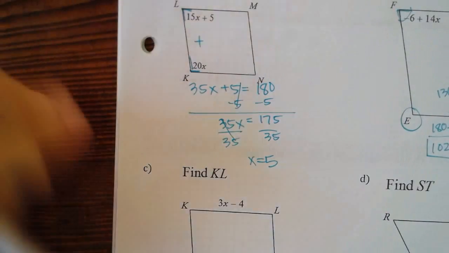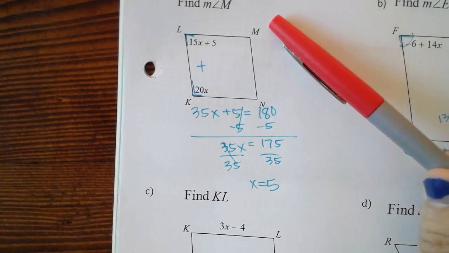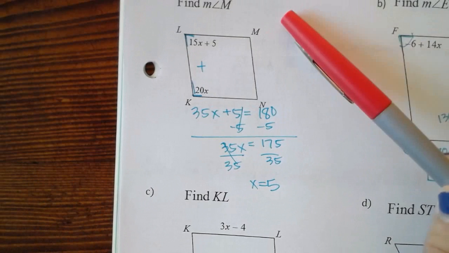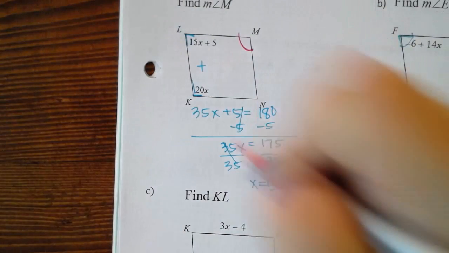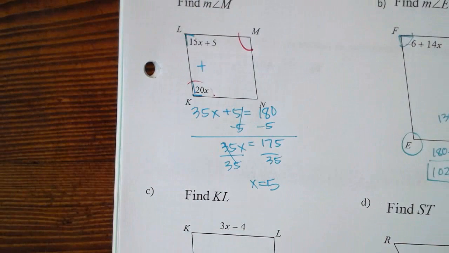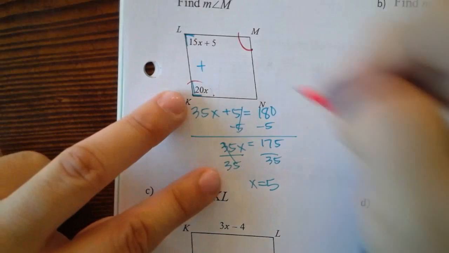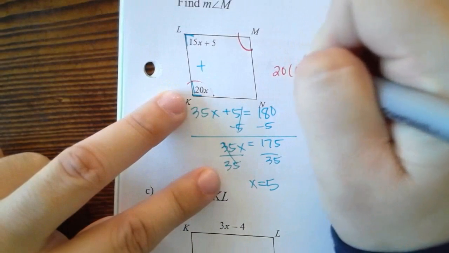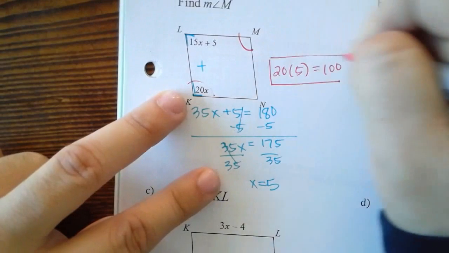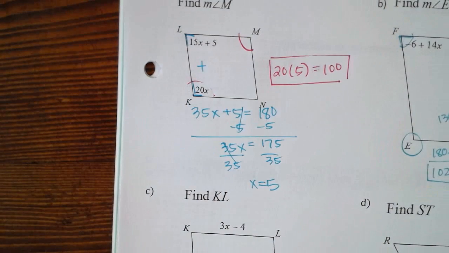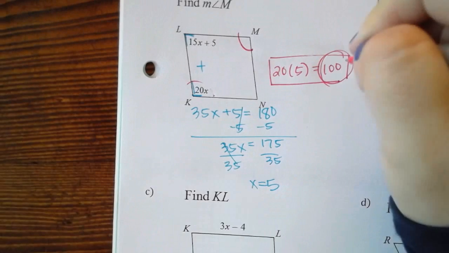What does the question ask for? Well, it asks for angle M. Which other angle is equal to angle M? K. So if I want to find angle M, I'm going to plug it into angle K. When I do that, I get 100 degrees.